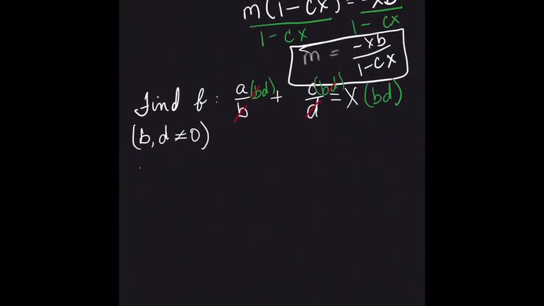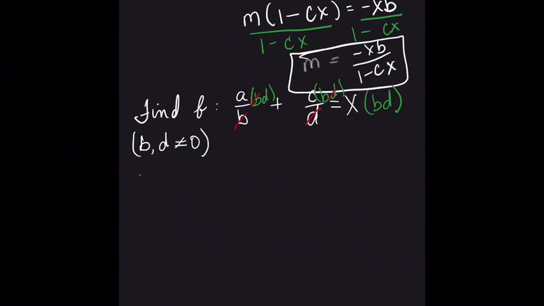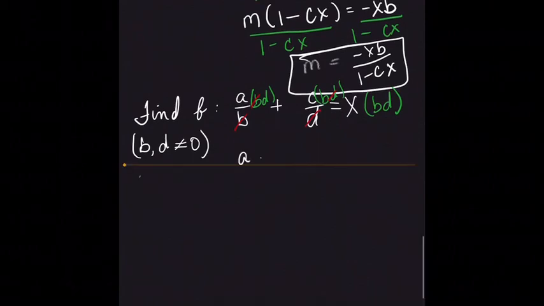So our first term becomes AD plus our second term is CB equals XBD.